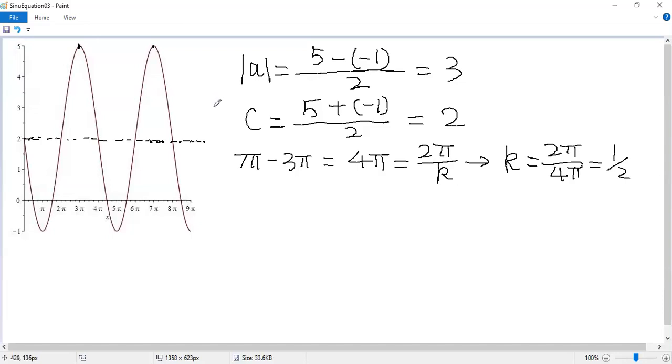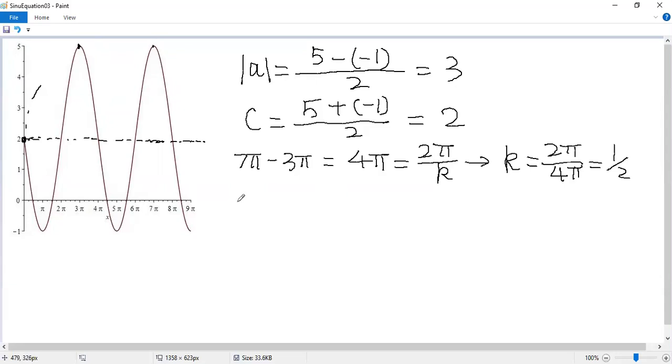Now let's look at the phase shift. It starts from the midline and goes down. But we know sine starts from the midline but goes up. So you see there's a reflection. So if we use sine, then there's no phase shift, but we have a reflection that corresponds to negative a.